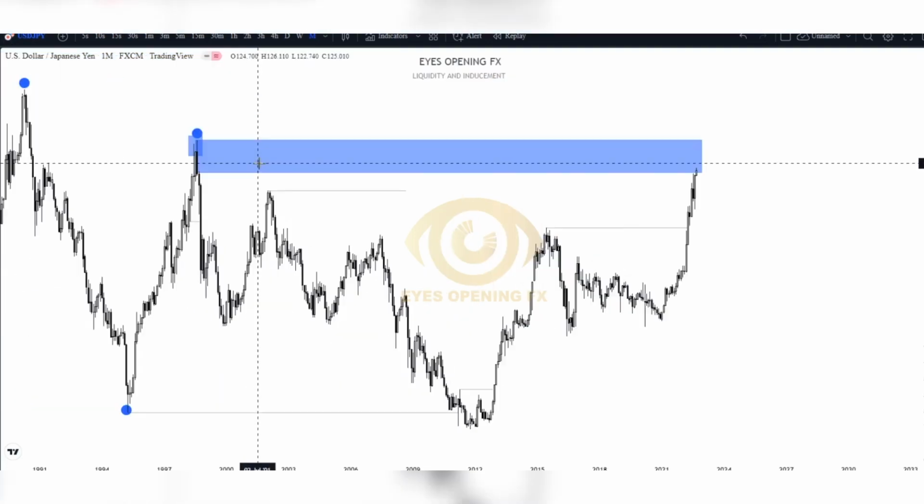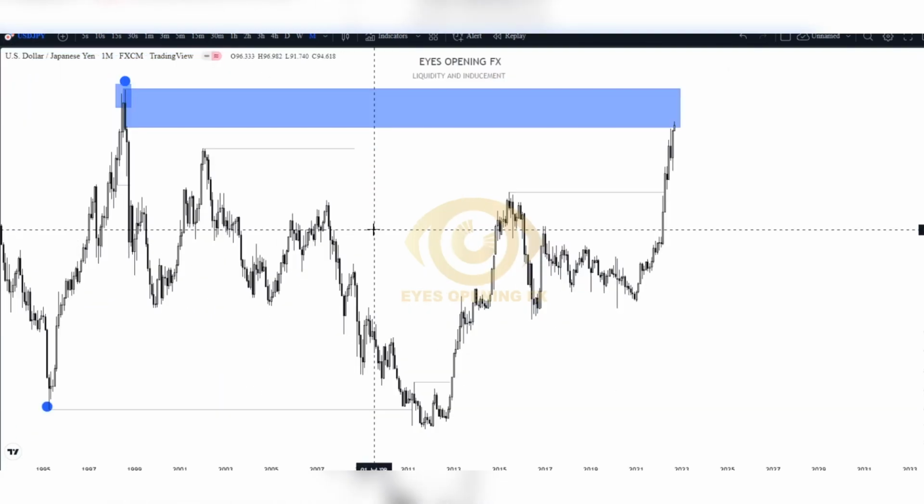USDJPY, we understand according to our previous analysis on this particular pair, we have been bullish. So very soon we will add another pair to this outlook. Maybe we could add US 100 or NAS 100 to these outlooks, at least for those people that do trade the stock market.